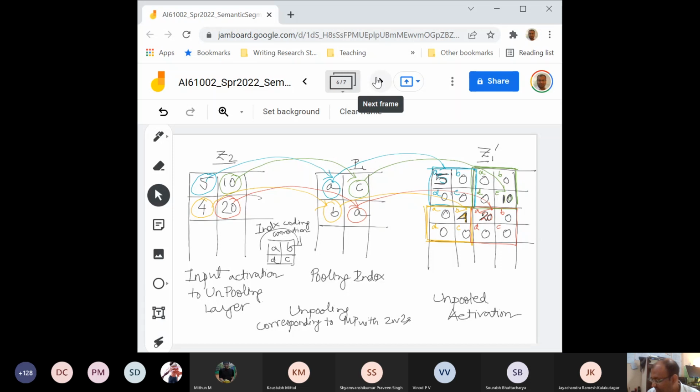If it matches, assign it, otherwise make it 0. Am I correct with my thought process? Yes, sir.